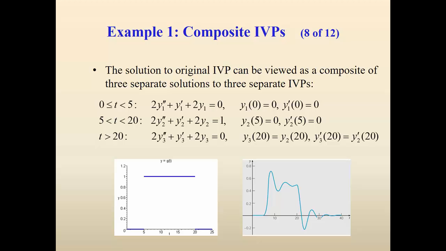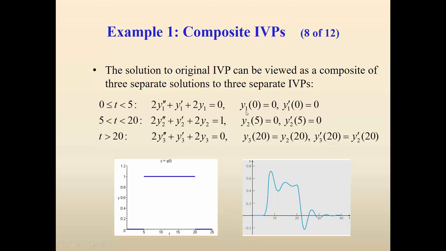Another way I could approach it, if I don't want to use Laplace transforms, is to use the same methods that I have before and make it a composite initial value problem, i.e. you solve the problems recursively. From 0 to 5, solve this differential equation along the top.